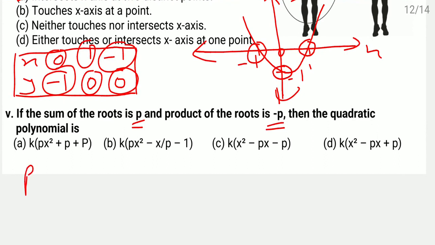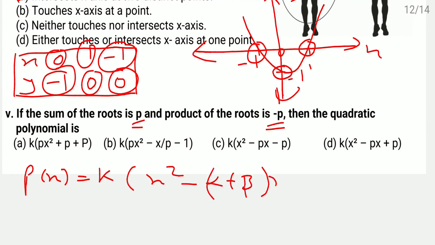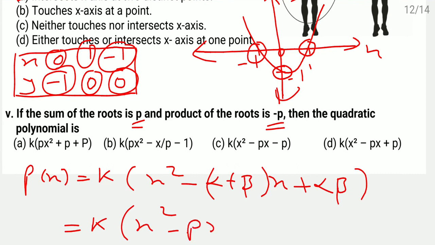So the format of the quadratic polynomial is k into x square minus alpha plus beta into x plus alpha beta. This is the format. So k in the bracket x square, this negative sign, alpha plus beta. Root sum is given as p, so p x, and product is given as minus p.